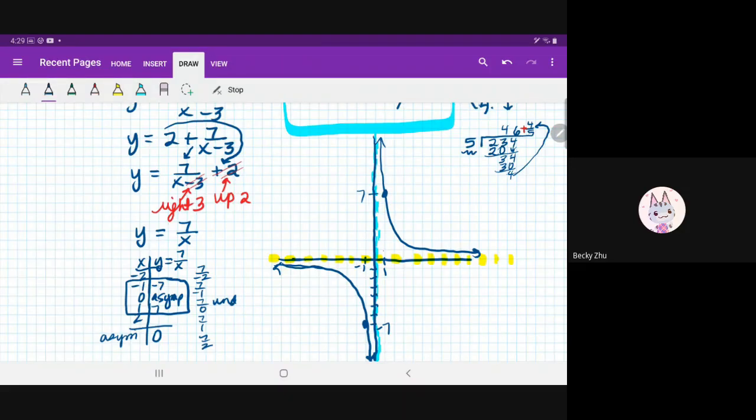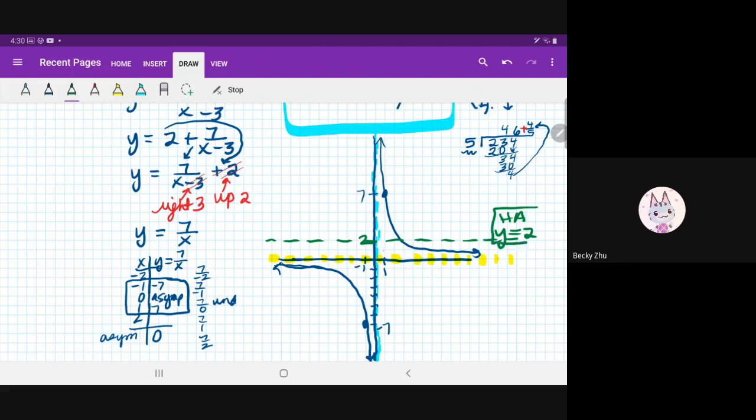But when I move the yellow to the right 3, it's still the same asymptote. But when I move the yellow up 2, it goes in a new position. I'm going to change that to green. This would be my up 2 asymptote. That's y equals 2 for my horizontal asymptote.